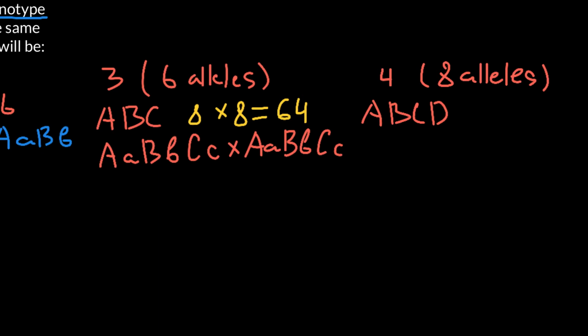And this time we are going to get a Punnett square that is going to be 16 by 16 cells.